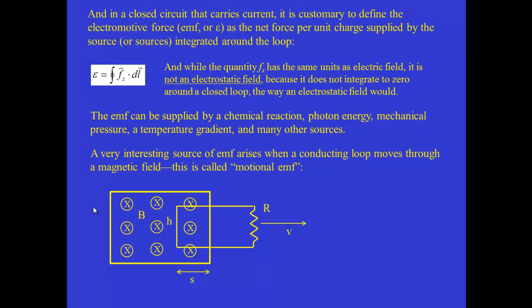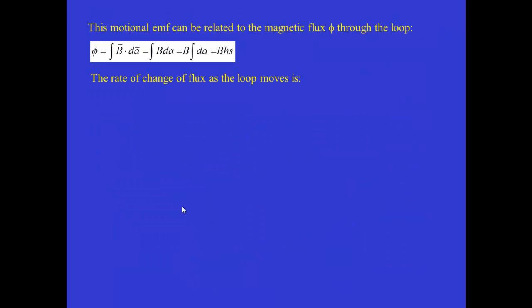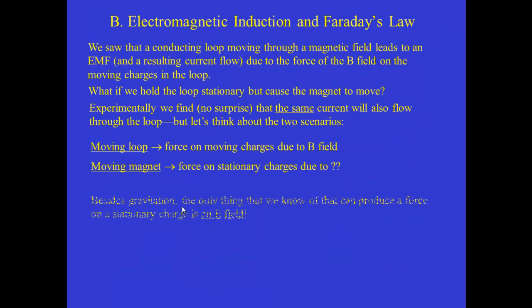But we're going to say now that what's going on, if the magnetic field is moving, is that the charges are experiencing a changing magnetic field. And as a result, an electric field arises from that change.